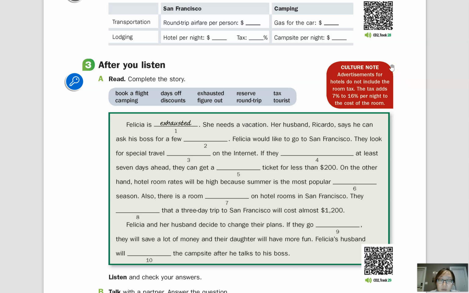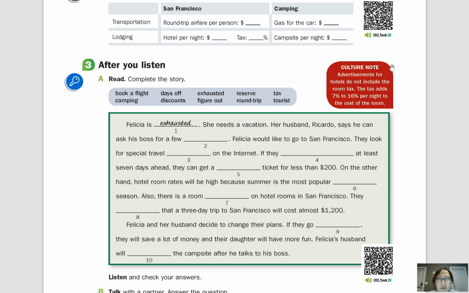So even for cruise ships, the cost of the cruise itself might appear to be very cheap, but often you will be paying additional costs in government fees and taxes and port taxes, port fees, and also service charges.